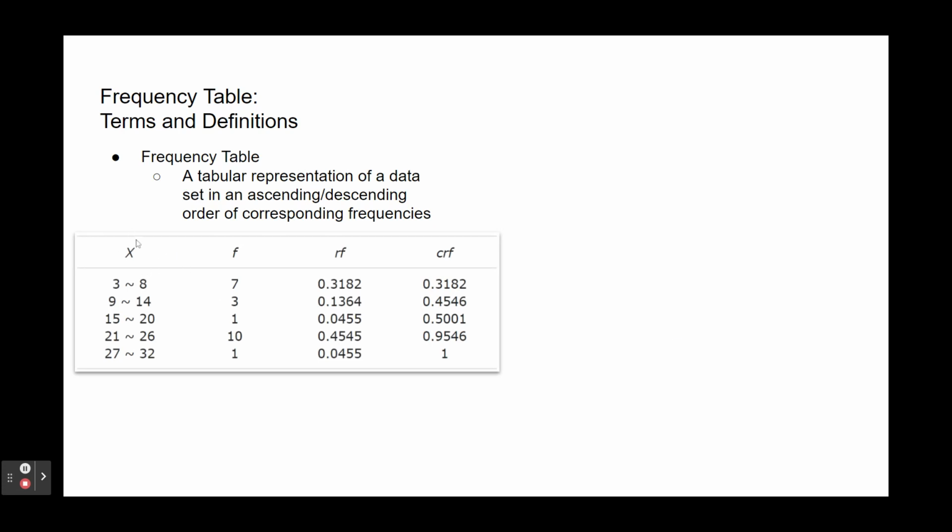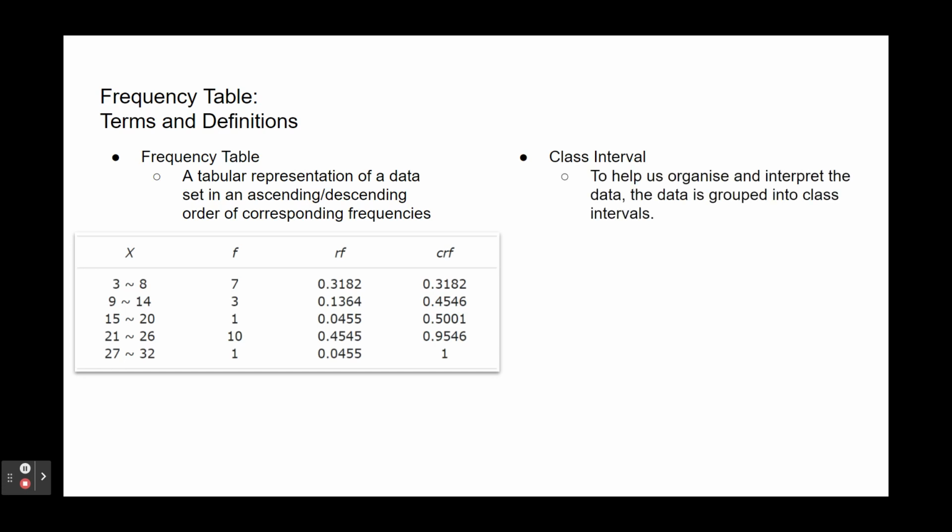Given the x variable, these are class intervals from 3 to 8. There's a frequency of 7, meaning there are 7 numbers between 3 and 8. There are 3 numbers between 9 and 14, etc. This is one example of a frequency table.